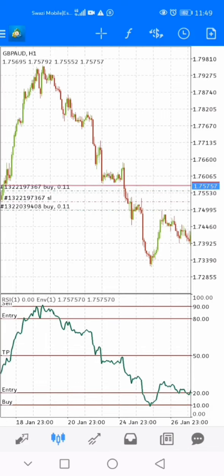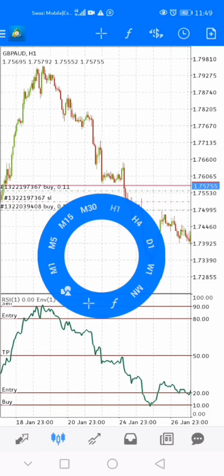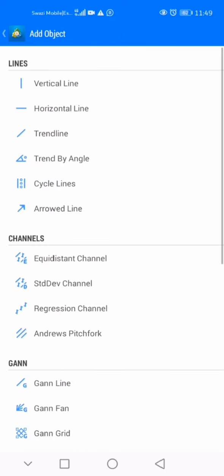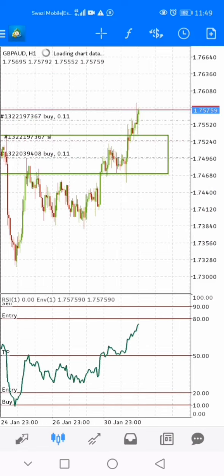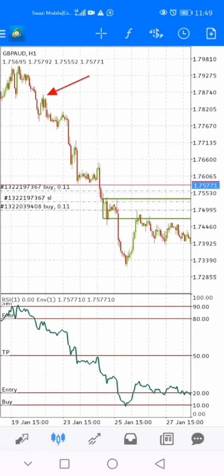On a downtrend like this one, when price moves, it creates this lower high, and here is the next lower high. If price moves and comes to the next lower high, the previous lower high is your key level.